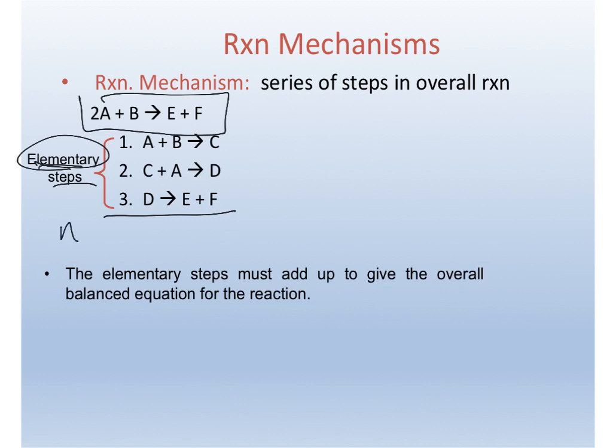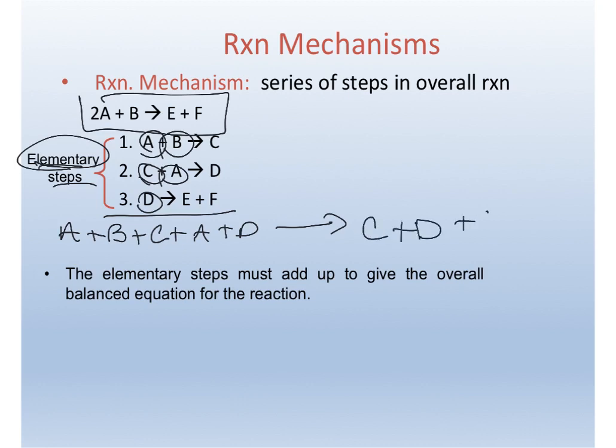You just add all of the reactants together, kind of like you're making a new reaction, but make sure you add every single reactant, okay? And then draw your arrow and then go ahead and list every single product. All right? And so then what you do is you cross out what's the same on both sides.